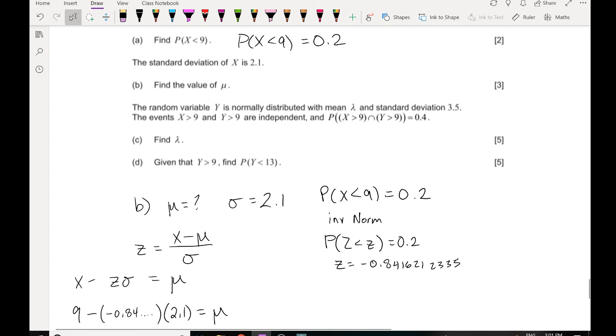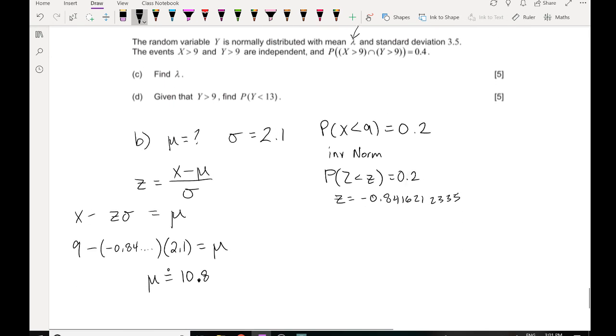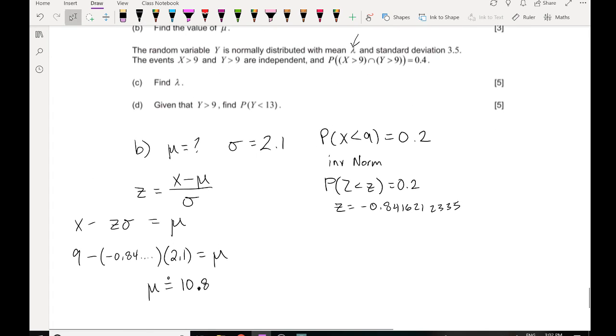And I guess it's once we get into part C that maybe it gets a bit wonky, because the random variable y is normally distributed with a mean of lambda and standard deviation 3.5. The events x greater than 9 and y greater than 9 are independent, and the probability that x is greater than 9 and y is greater than 9 is equal to 0.4. So this is the information that they're giving us, and they're telling us to find the mean.